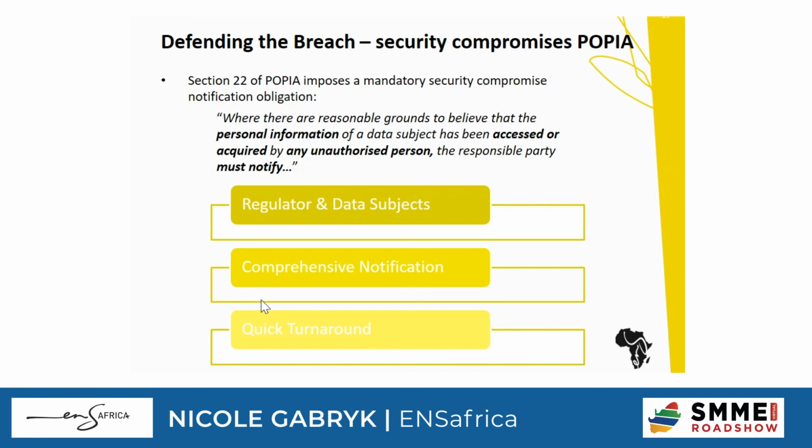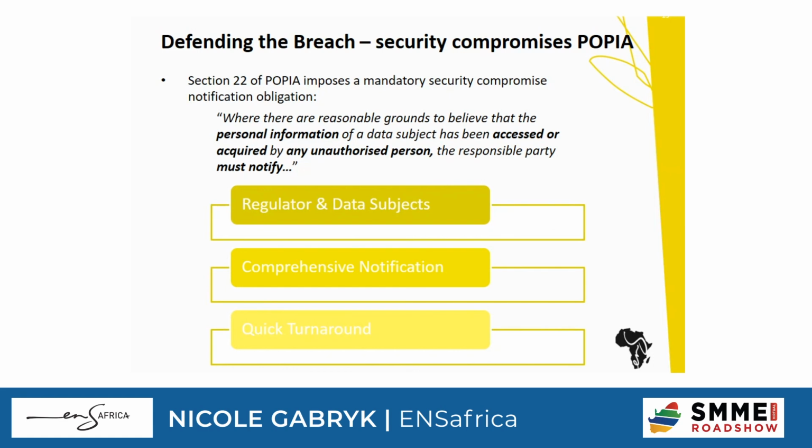So fundamentally, a breach or a security compromise under POPIA is where you reasonably suspect or actually know that personal information, remember how widely defined personal information was, has been accessed or acquired by any unauthorized person. Then you have what constitutes a security compromise.